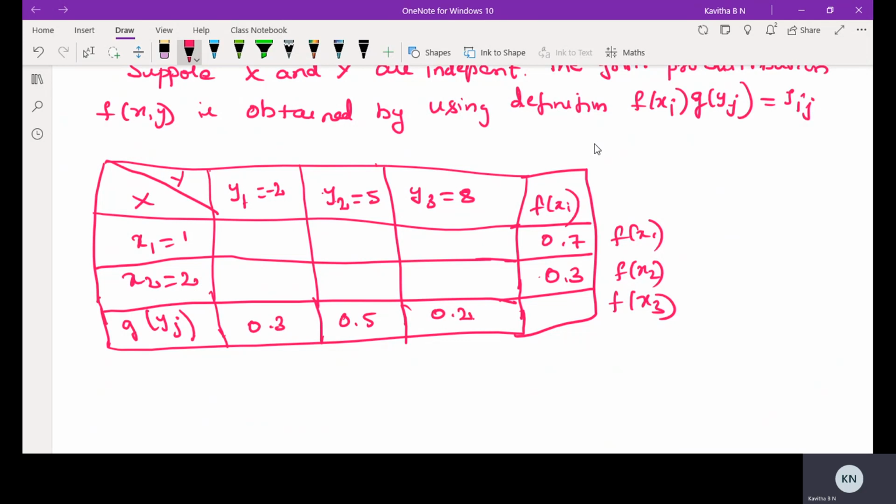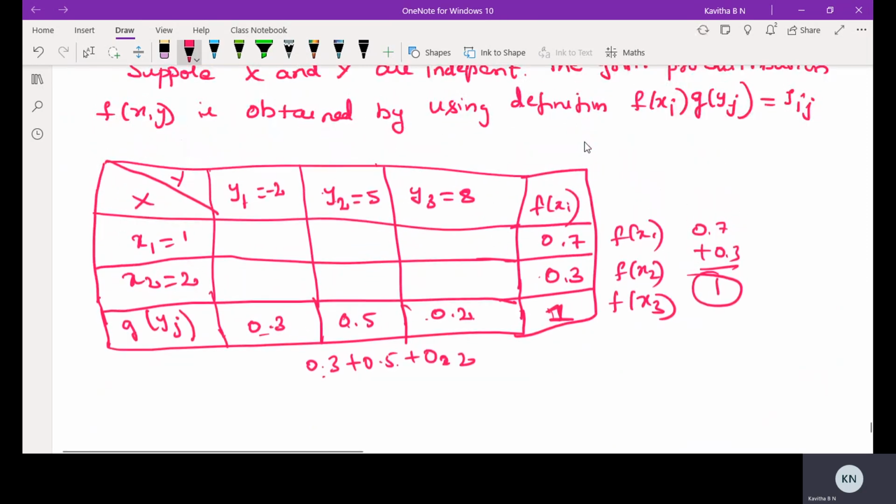Add these: 0.3 plus 0.5 plus 0.2 gives 1. Also add 0.7 plus 0.3, we get 1.